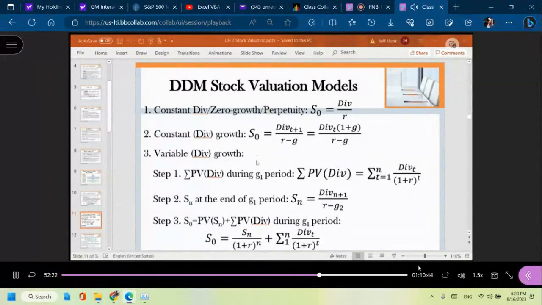Another name is the golden growth model, and the model looks this way. And I will explain to you later why the model looks this way. But why is it called the golden growth model?